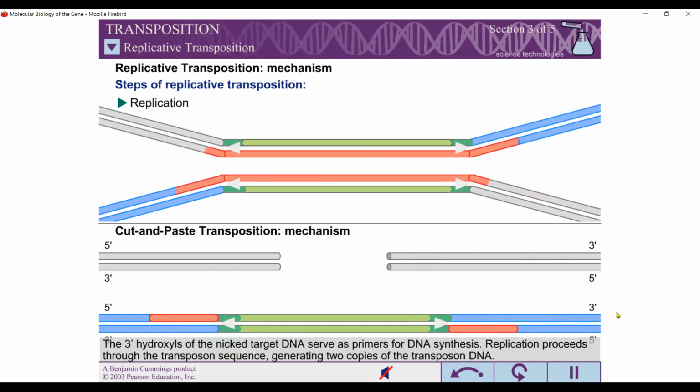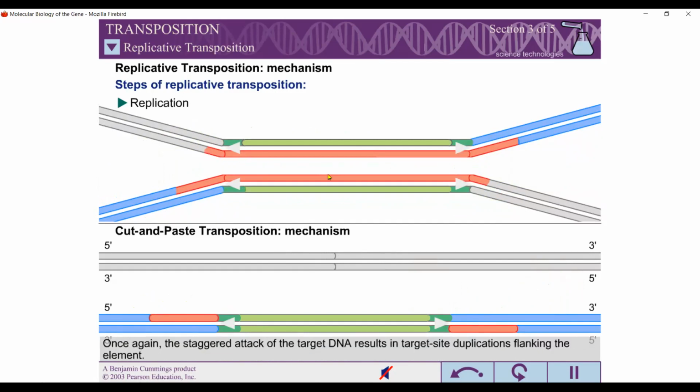So here the 3' ends of the nicked target DNA, in case of the replicative one I'm talking about, serve as the DNA primers. And filling of the gap occurs, the one we saw just now.